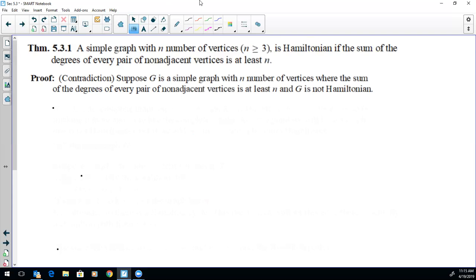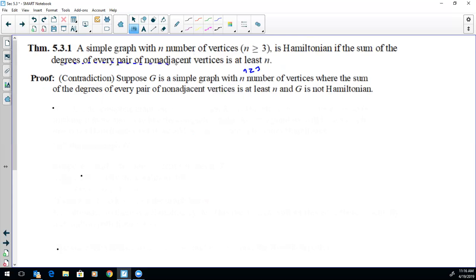We're going to suppose that we have a simple graph G with n, at least 3, vertices where the sum of the degrees of every pair of non-adjacent vertices is at least n, and G is not Hamiltonian. So let's suppose the graph meets all our requirements except it isn't Hamiltonian.